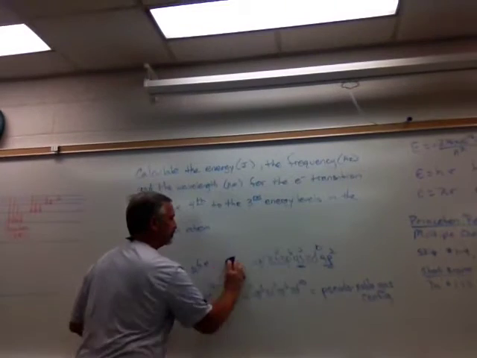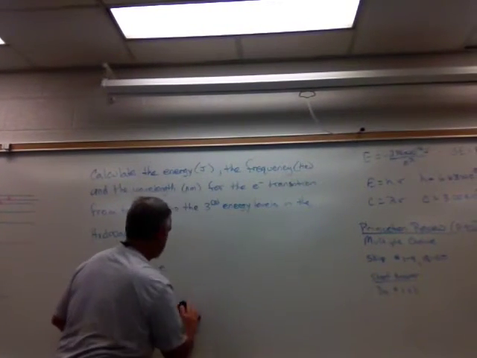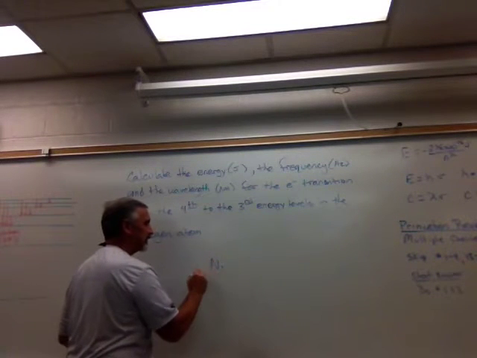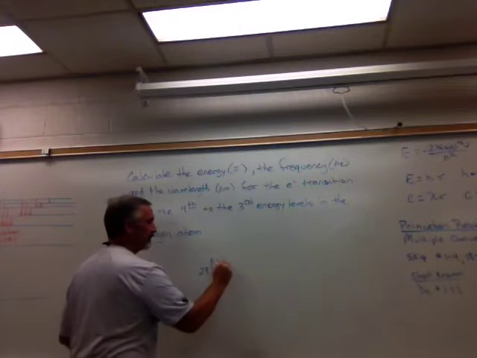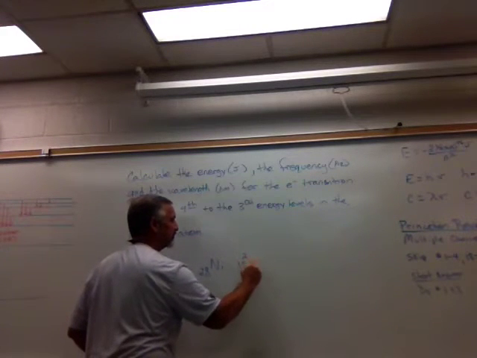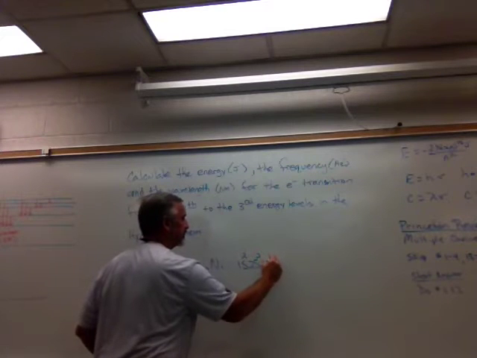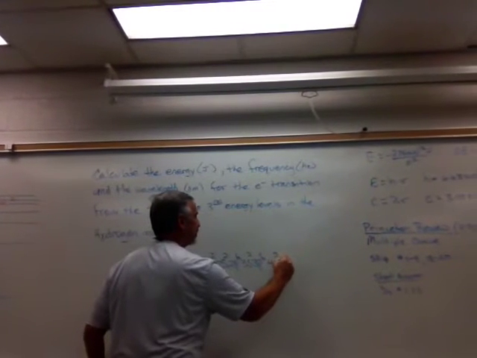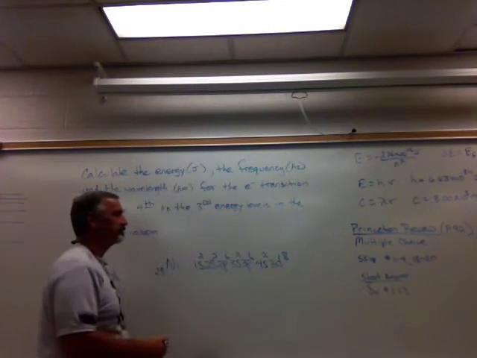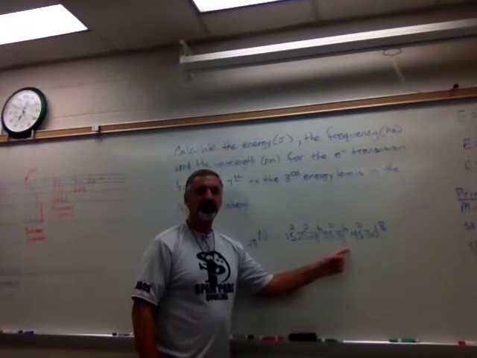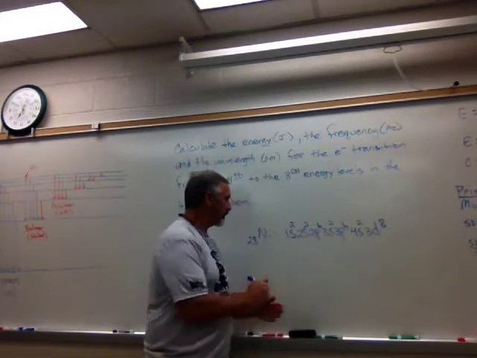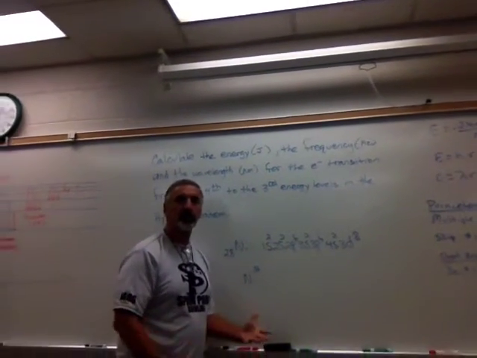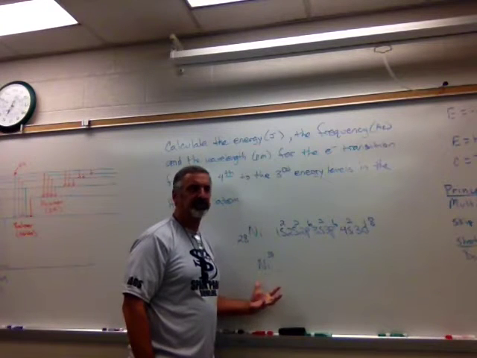So what if we want to do this with nickel? Nickel is element number 28. Its normal configuration is 1s2, 2s2, 2p6, 3s2, 3p6, then 4s2, 3d8. If we want to make a nickel 3 plus ion, where are the 3 electrons going to come from?